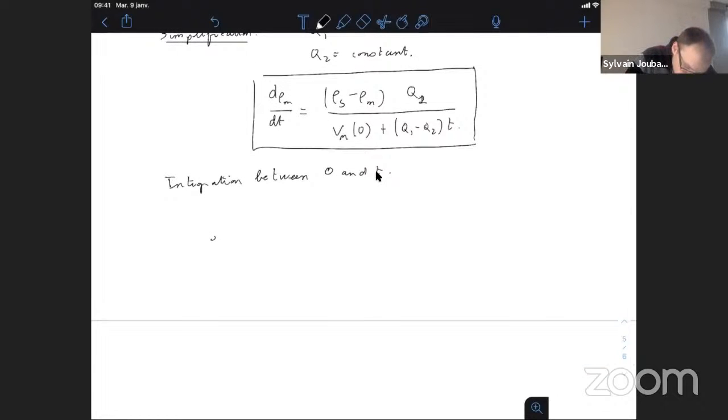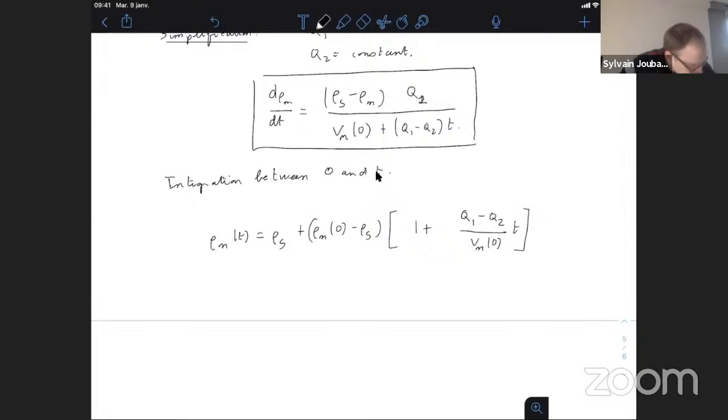So rho_m(t) is equal to rho_s plus (rho_m0 minus rho_s) times (1 plus (Q1 minus Q2) divided by V_m0 times t) to the power Q1 divided by (Q2 minus Q1).